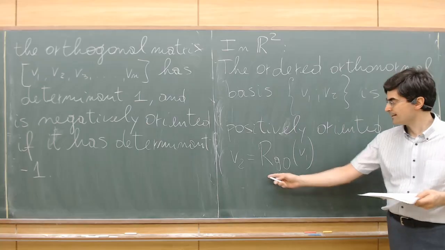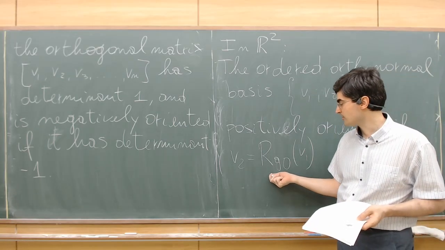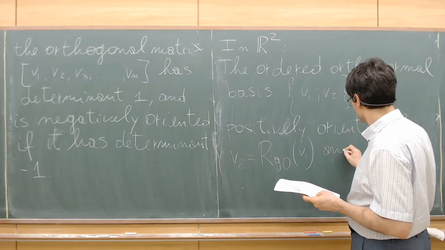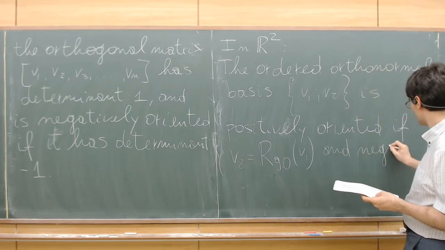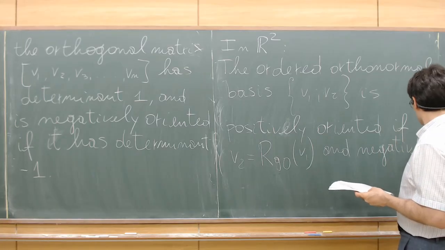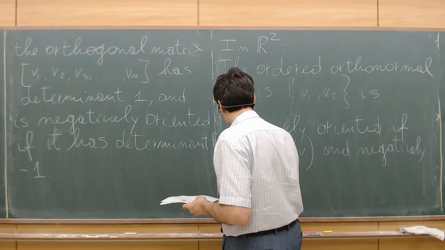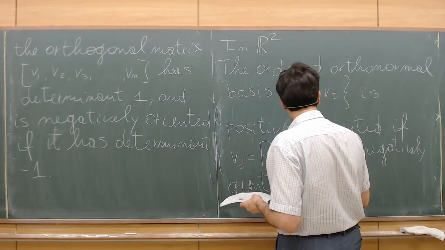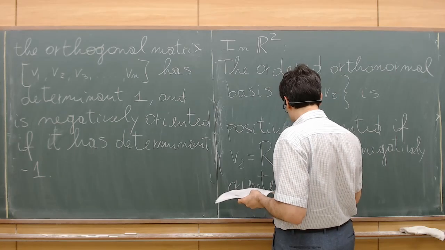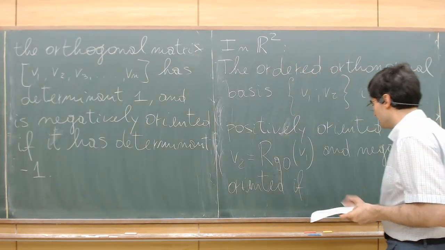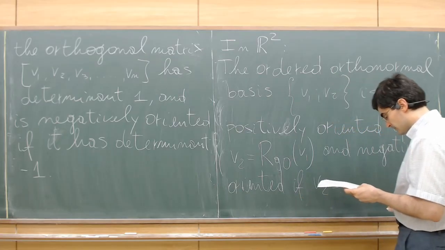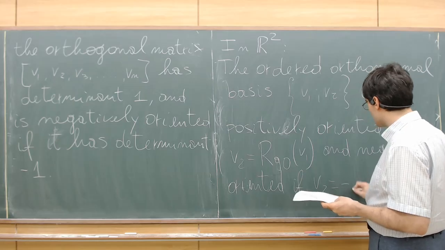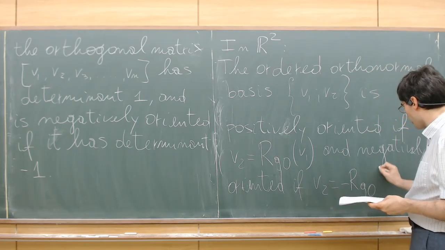Do you remember what is R90? R90 is a counterclockwise rotation by 90 degrees. And negatively oriented if V2 is minus R90 V1.